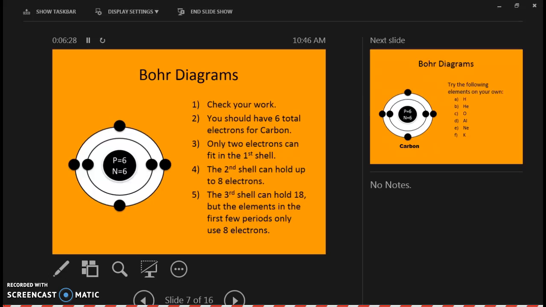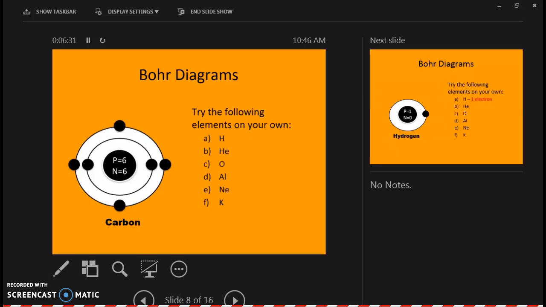All right. So now what you have is your Bohr diagram worksheet. And that is the one that says Bohr atomic models up at the top. And it kind of has a weird miniature version of the periodic table with all these circles.